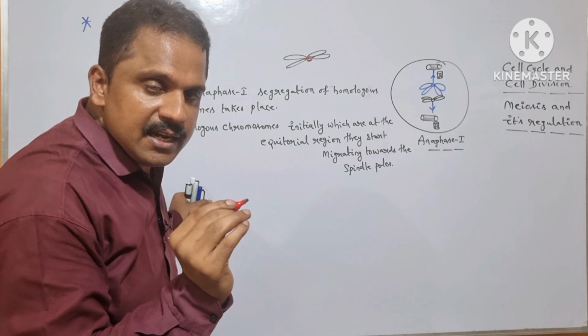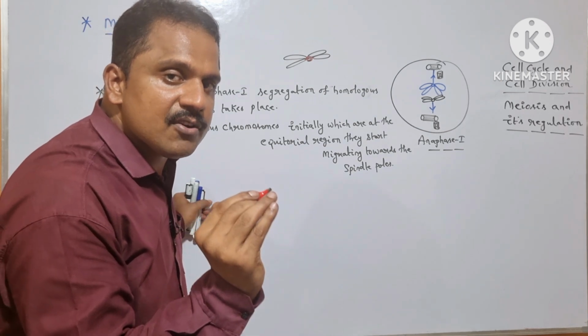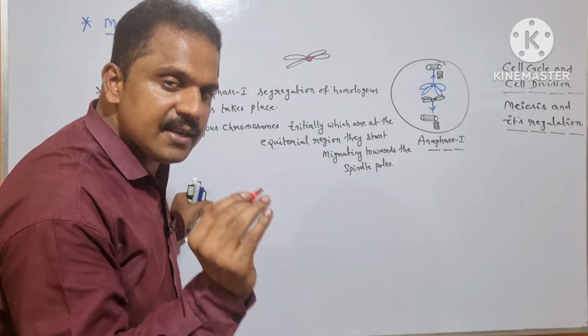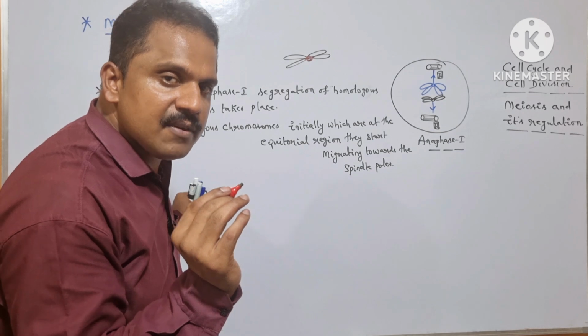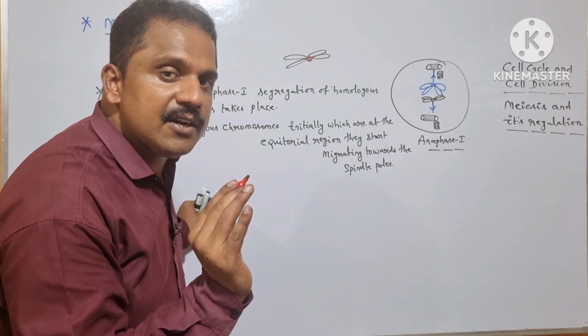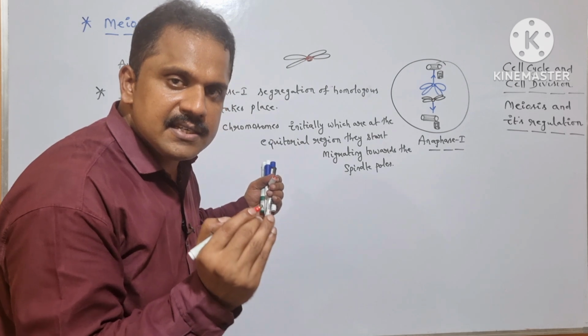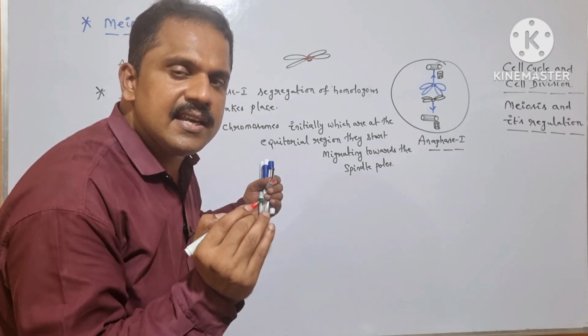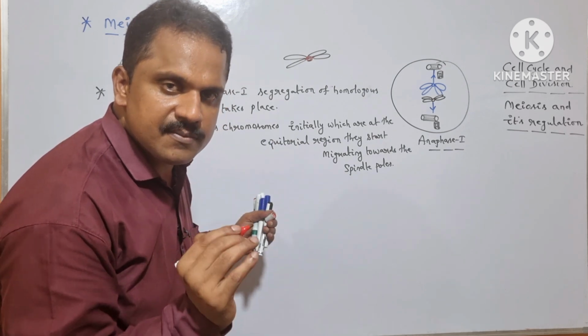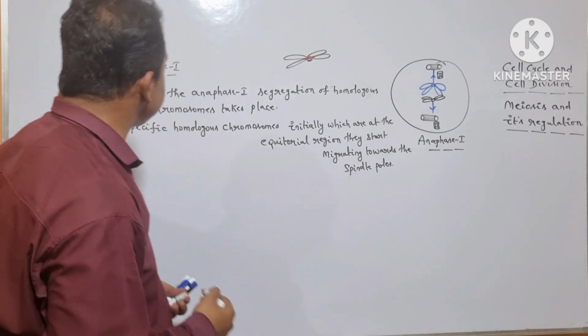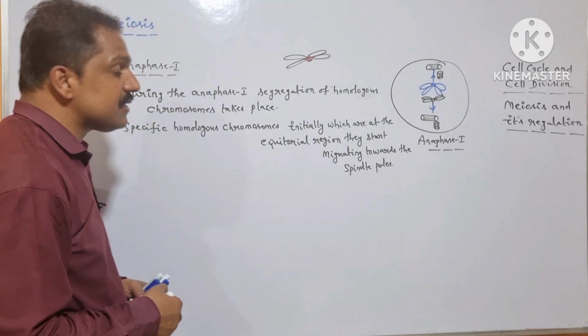Because of the splitting of the centromere, separation of sister chromatids is observed. But whereas in case of the anaphase 1 of the meiosis 1, the splitting of centromere does not take place. So the reason why, instead of regulating the separation of sister chromatids, here the segregation of homologous chromosomes takes place. Is it clear? So here this is regarding anaphase 1 of the meiosis 1 in detail.